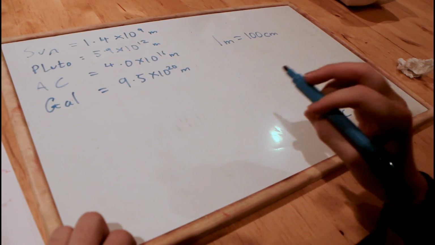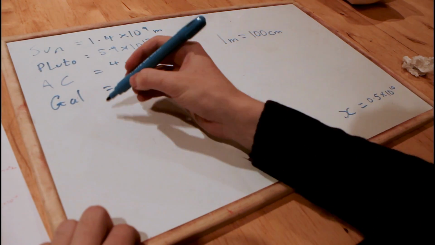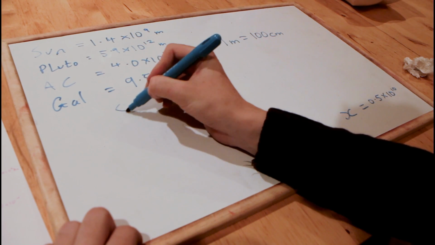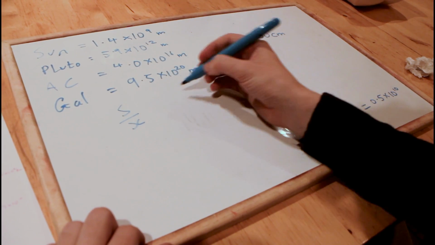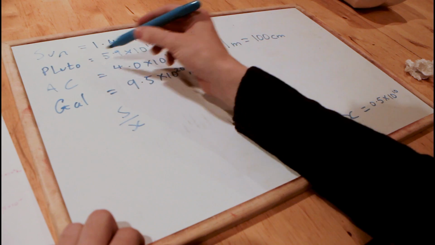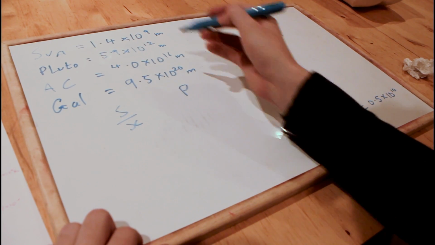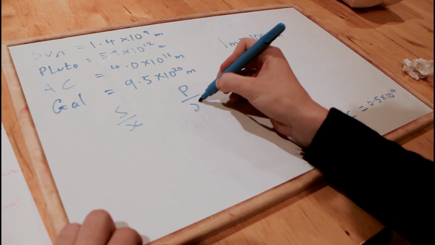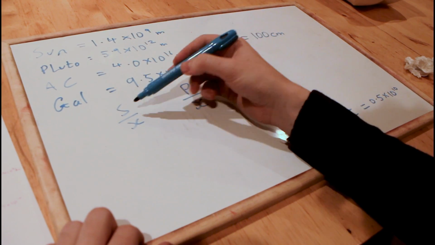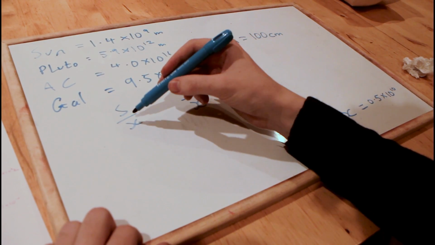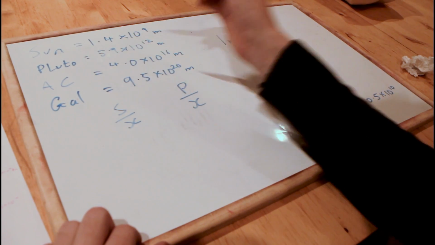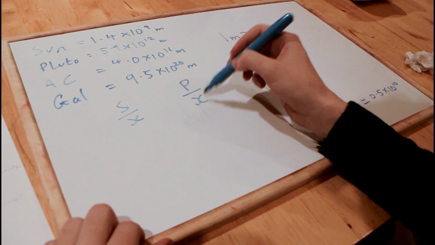We're just going to rub most of this out, and we're just going to write x by there. We'll need x for later, because effectively what we are doing is we're saying if the sun was divided by x, then we are also going to take our distance to Pluto, and we're going to divide that by the same value of x. And this is how we'll scale. This is a ratio. If we divide the sun's size by x, then by dividing Pluto's size by x, we'll end up with something good.